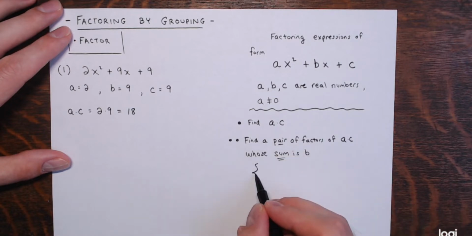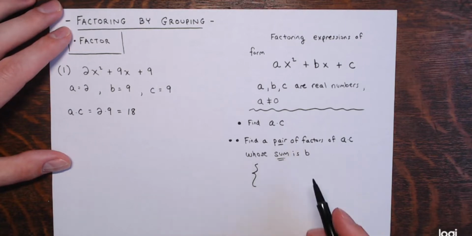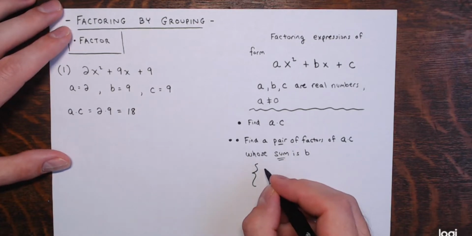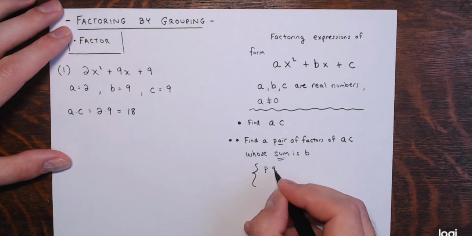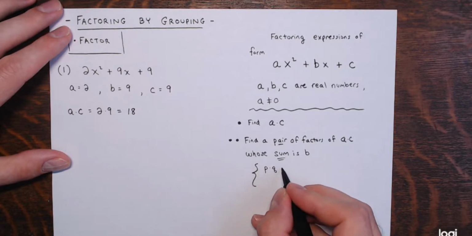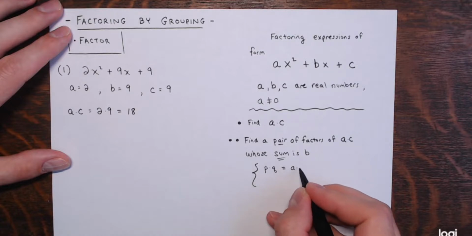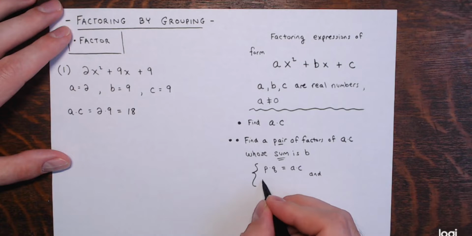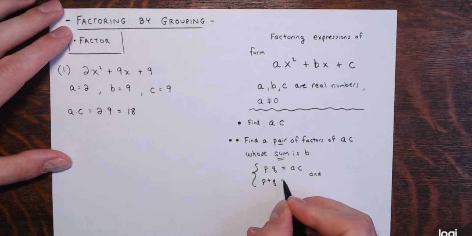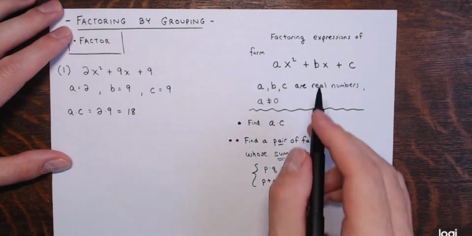In other words, I'm going to call this pair of factors p and q. We want to find a number p and a number q such that p times q is the same as a times c, and at the same time p plus q is equal to b, the linear coefficient.